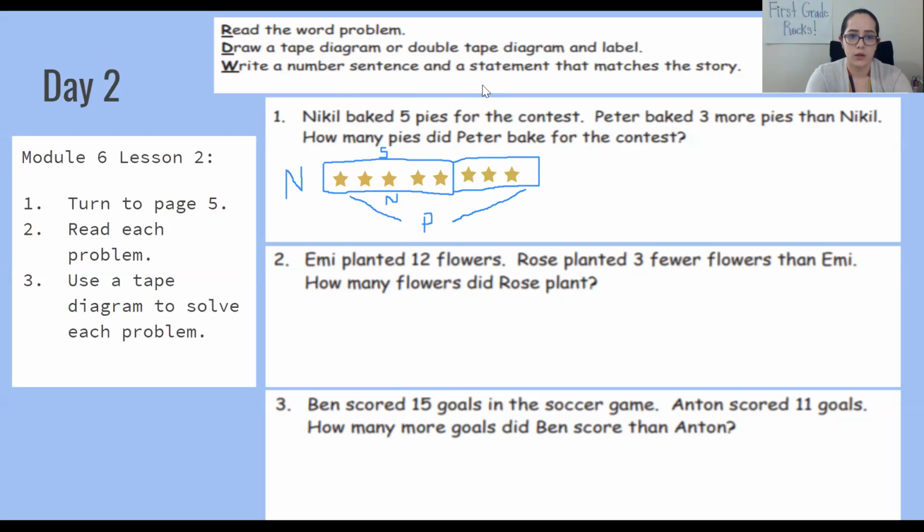All right, now I'm going to work on my number sentence to match my story. So Nickel and Peter both baked 5, but Peter baked 3 more pies than Nickel, so plus 3 more is going to give us how many Peter baked in all.